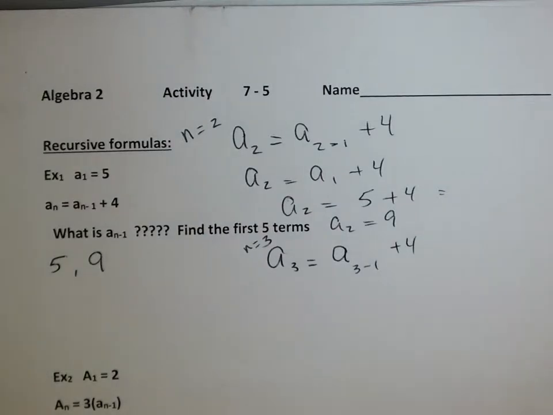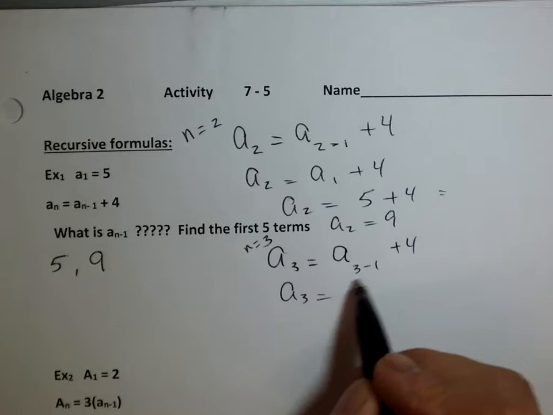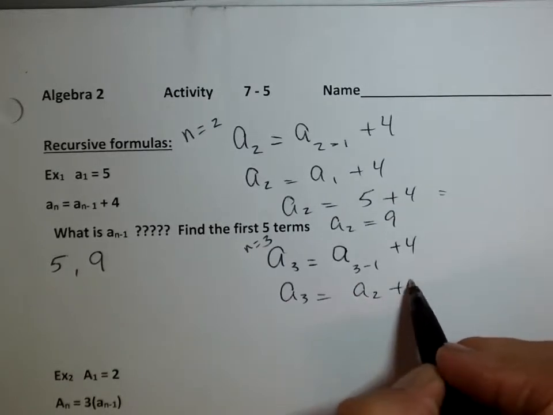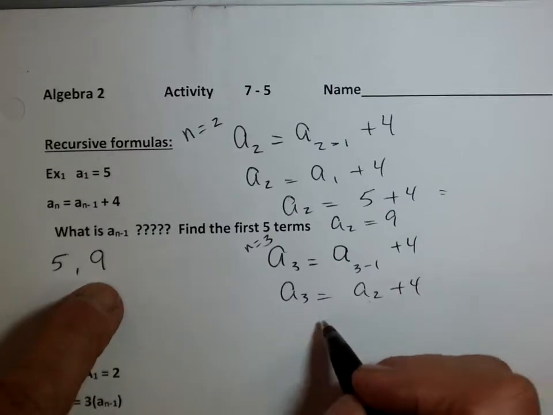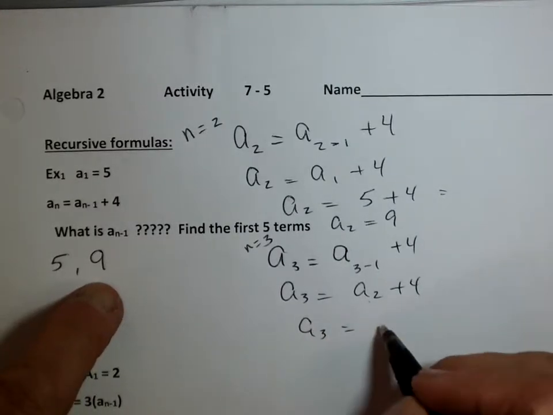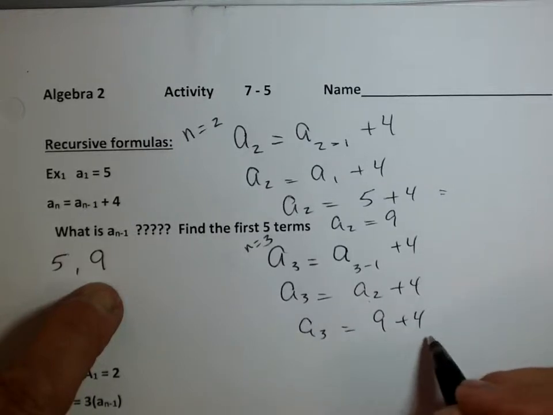Well, that's a2, right? So a3 is equal to a2 plus 4. Well, a2 is 9, isn't it? So a3 is going to be 9 plus 4, which is going to be 13.